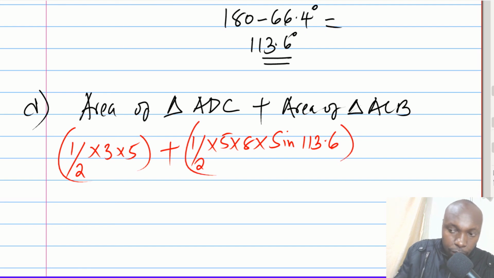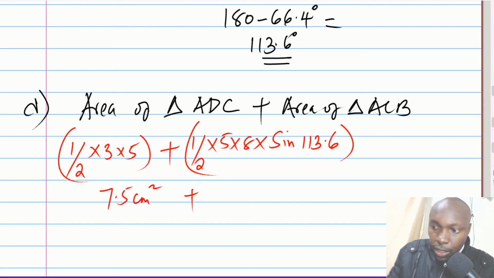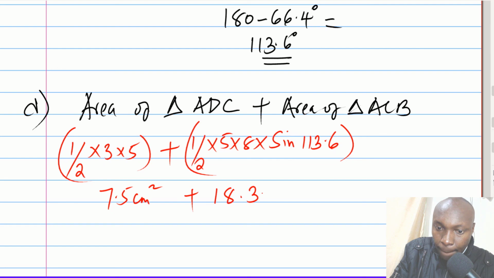So these will now give the whole area. This will be a half times 15, which is 7.5 centimeters squared, plus 40 multiplied by sine of 113.6 divided by 2, which will be 18.3 centimeters squared.